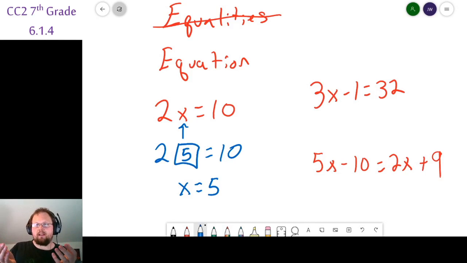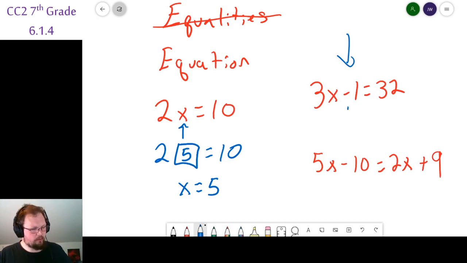If you have a minus 1 on one side, say I have 3x minus 1, you ask yourself, what is the opposite of minus 1? It is plus 1. And the rule with equations or inequalities is that it's kind of like a teeter-totter.